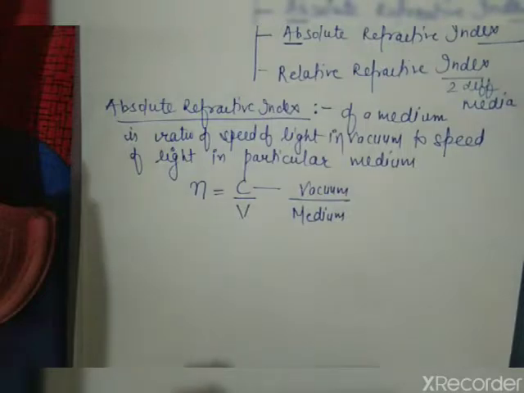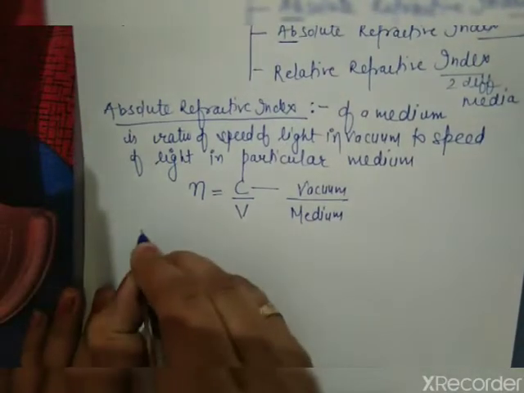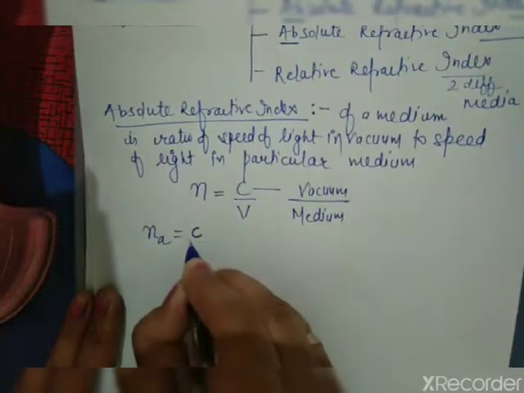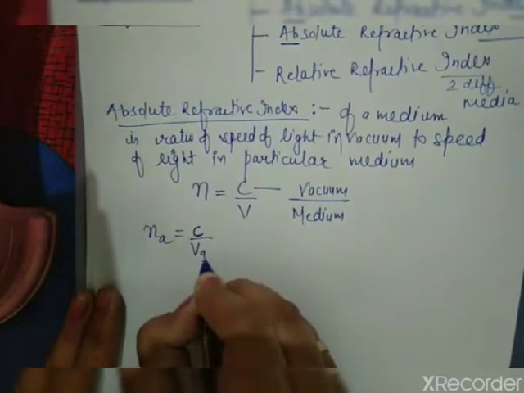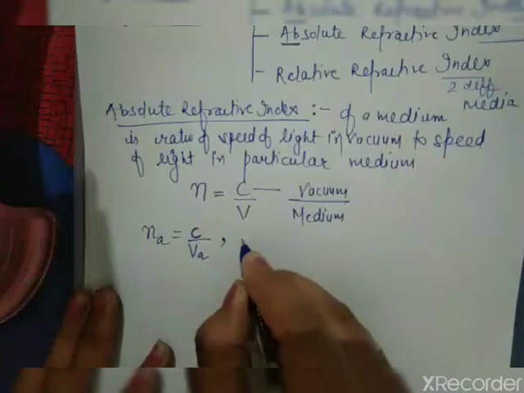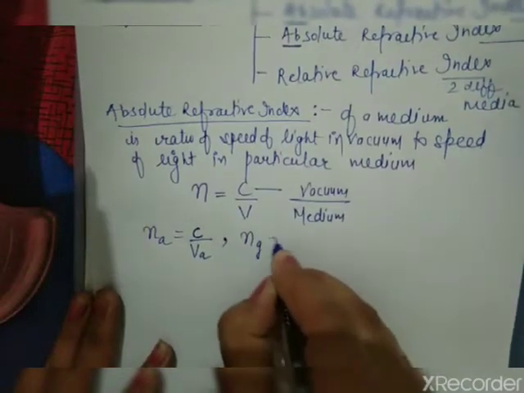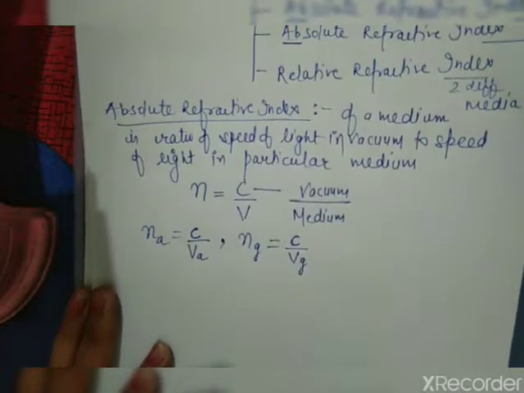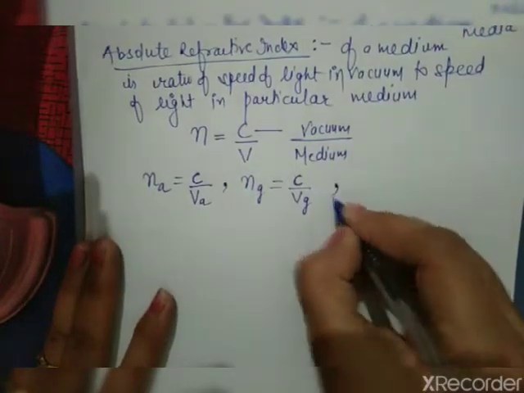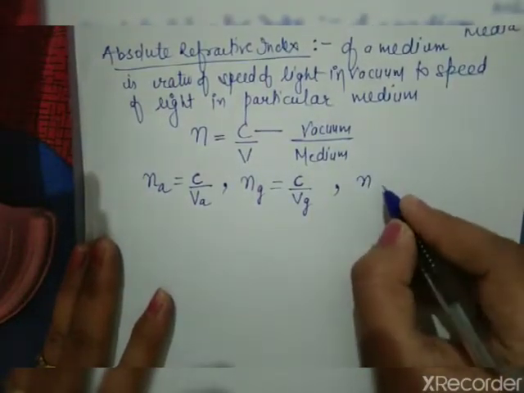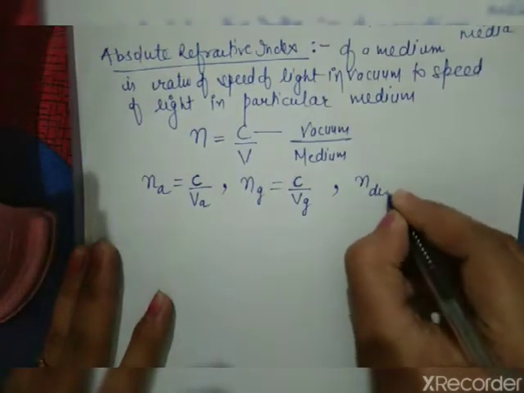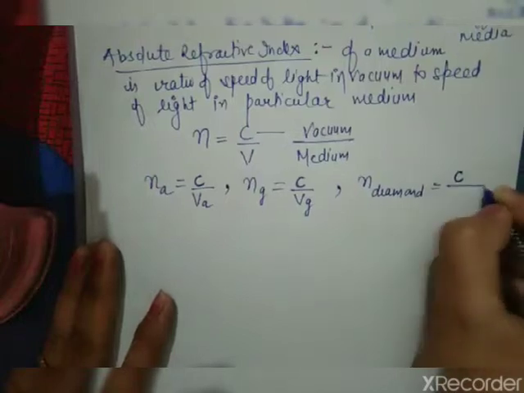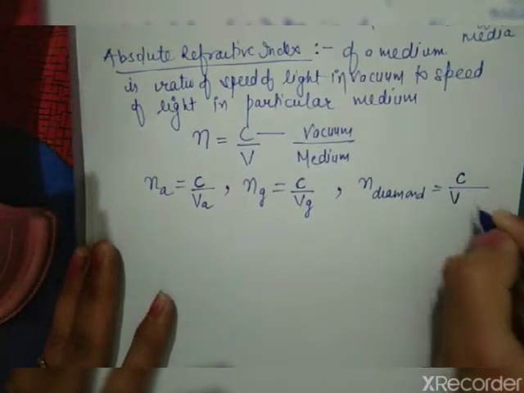It means if we are dealing with the refractive index of air, it is speed of light in vacuum to the speed of light in air. If it is the refractive index of glass, it will be speed of light in vacuum to the speed of light in glass. Similarly for diamond, it is speed of light in vacuum to the speed of light in diamond.